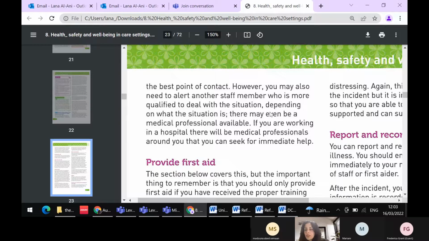And if you're working in a hospital, then you will find lots of people taking care of this person. You just need to report it. There will be a nurse coming in, or maybe an A&E doctor will come immediately and take care of this person.